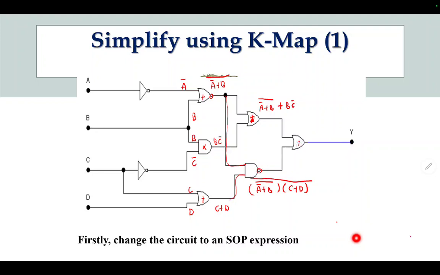And then this one plus again. So you got A bar plus B bar plus BC bar, and then plus again with this equation, A bar plus B bar, and then you got C plus D.